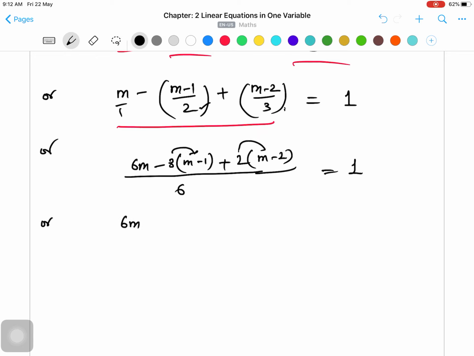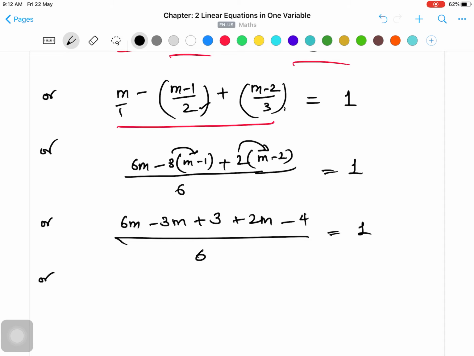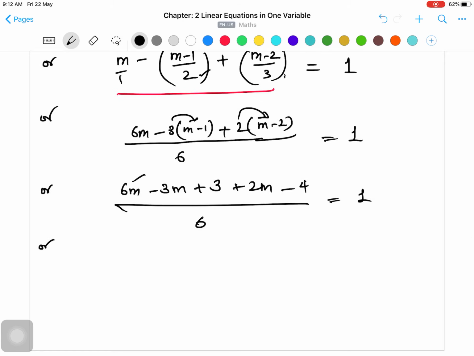Now multiply the terms inside the bracket: it will be minus 3m, minus 3 times minus 1 will give us plus 3. Then plus 2 into m will be 2m, and plus 2 into minus 2 will be minus 4, divided by 6 equals 1.